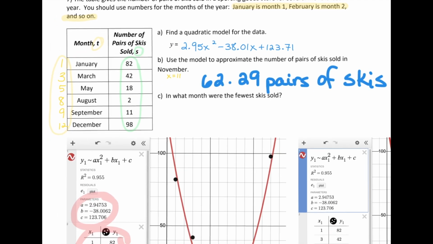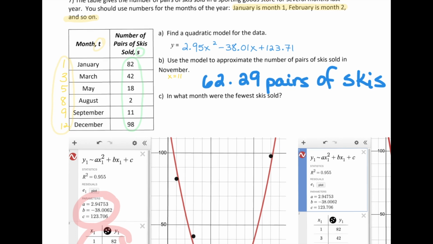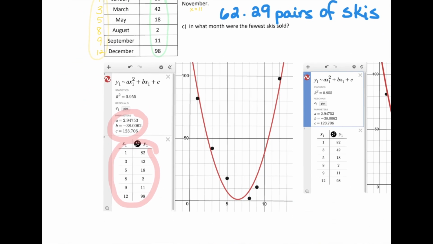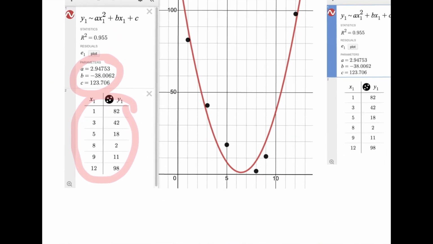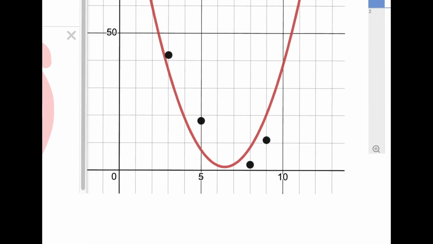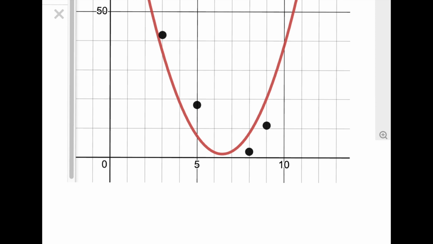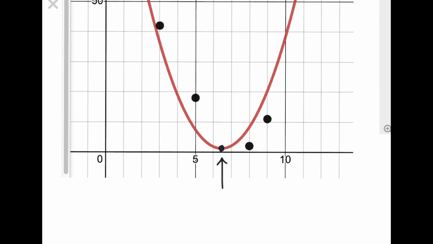And then, in what month were the fewest skis sold? Again, I didn't click on the minimum before I screenshotted. If you were to click on the minimum here, I know your temptation is going to be to talk about August, but let's see what the minimum point is on the graph.